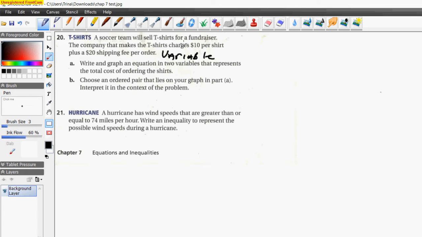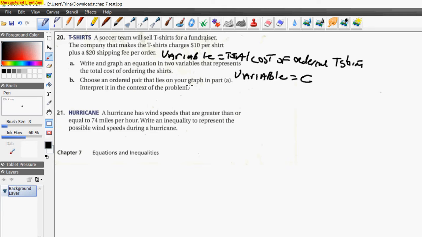The variable is the total cost of ordering a t-shirt, and I'm going to say the variable then equals C. Let me make that C a little bit better so you know what it is. The variable equals C.